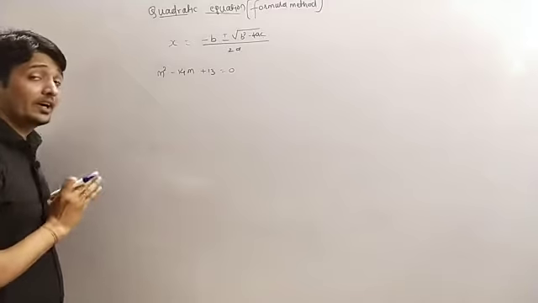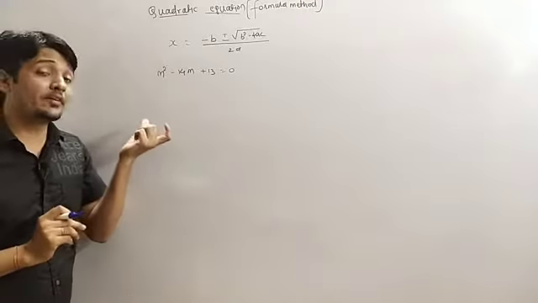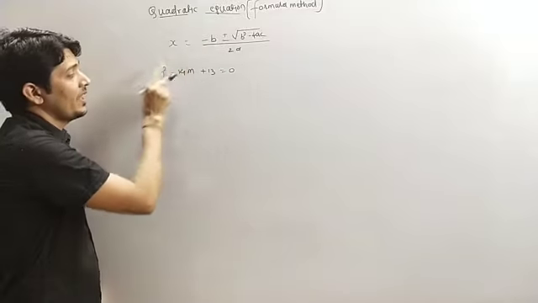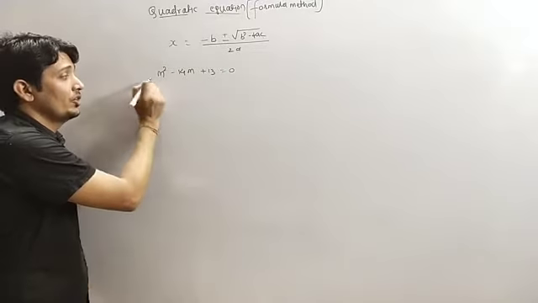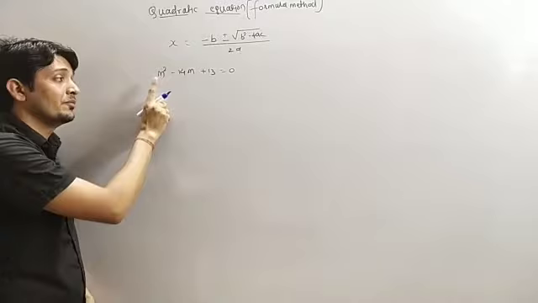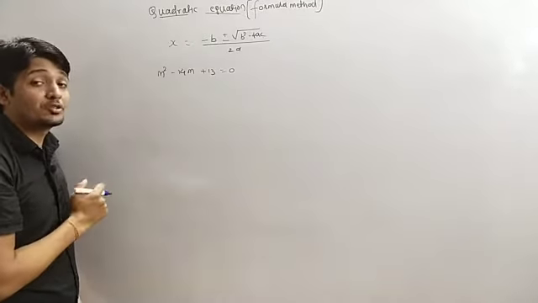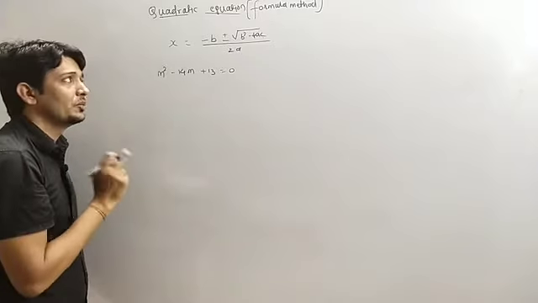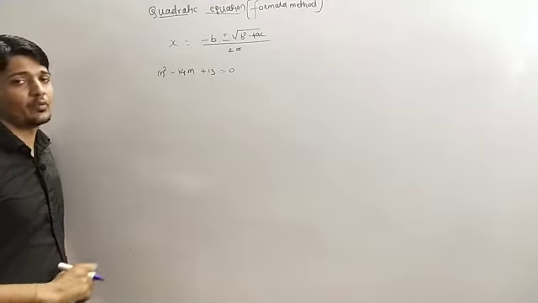So this is the quadratic equation. Why is this a quadratic equation? The value of a is 1, that means the coefficient of m square is not equal to 0, and the maximum power of the equation is 2. That means it is a quadratic equation.